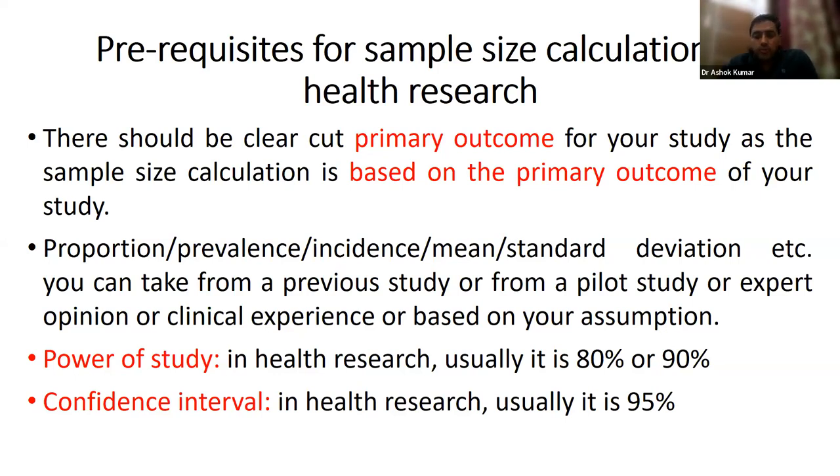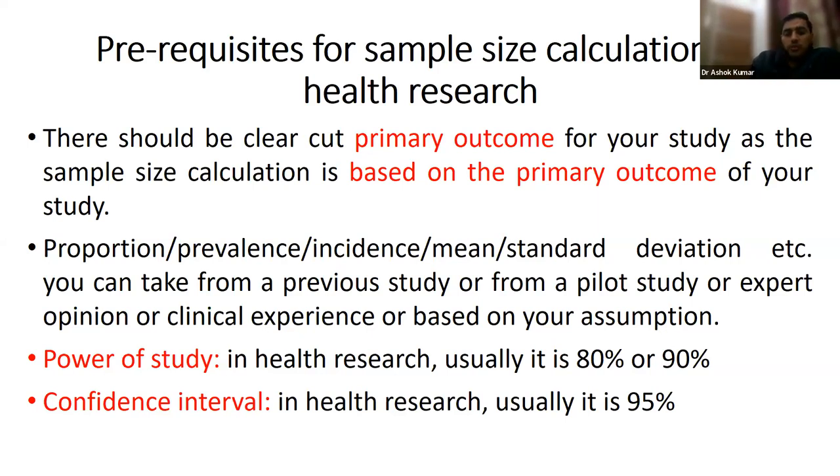You can assume. So for sample size calculation, we have to take prevalence, proportion, percentage, incidence, or mean or standard deviation. Whether we can take it from a previous, similar type of study, it is a very good thing.